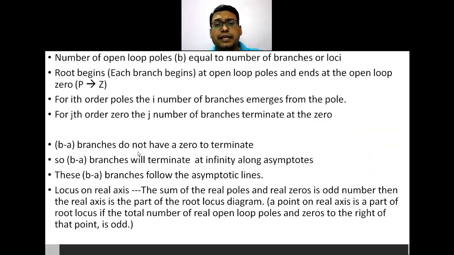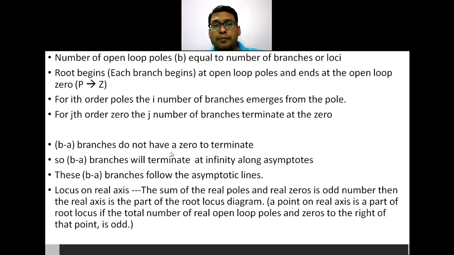So B minus A branches do not have a zero to terminate at. So B minus A branches will terminate at infinity along the asymptotes. So these B minus A branches will follow the asymptotic lines. पहले क्या है?